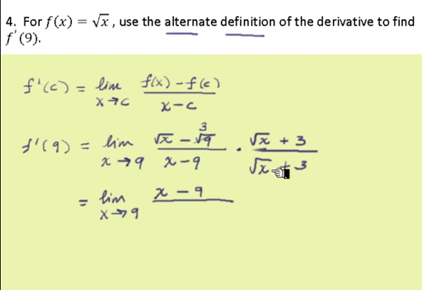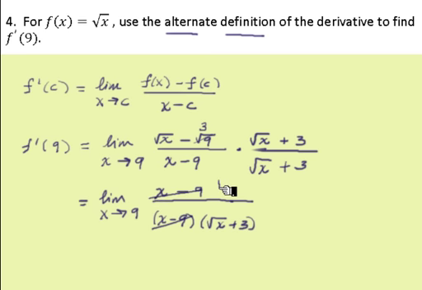And we're dividing by this product, x minus 9 multiplied by square root of x plus 3. Do not multiply out the denominator, because we're trying to cancel the x minus 9, so leave that together as is. Here this x minus 9 in the denominator cancels with this x minus 9 in the numerator. So let's do that.